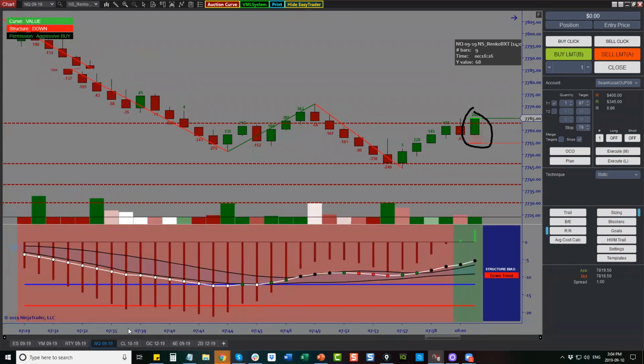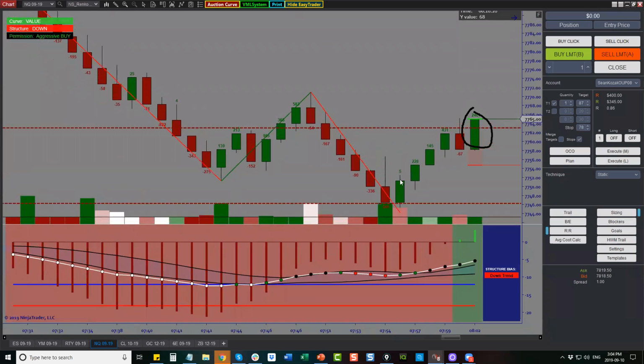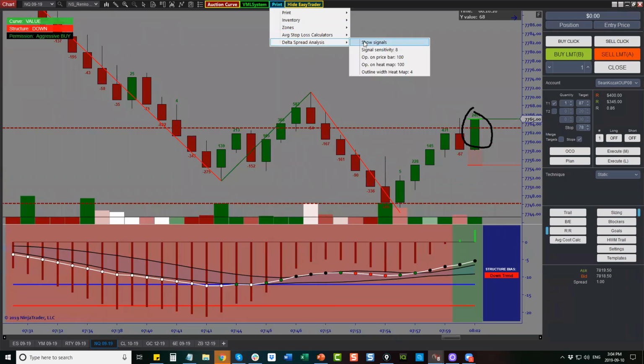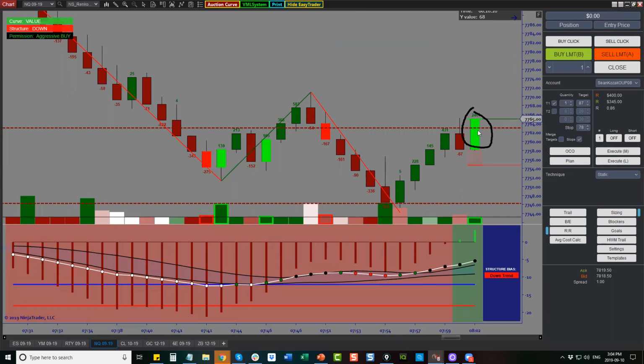We've got positive deltas on several bars. The reason we trust that bar as the impacting delta is because our software shows you that that delta is very, very important.